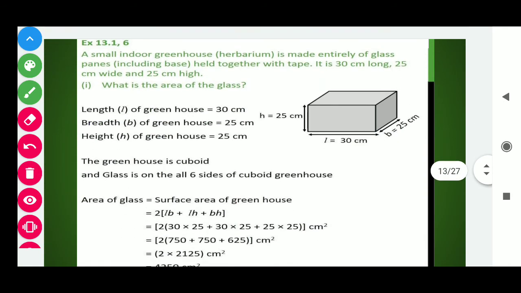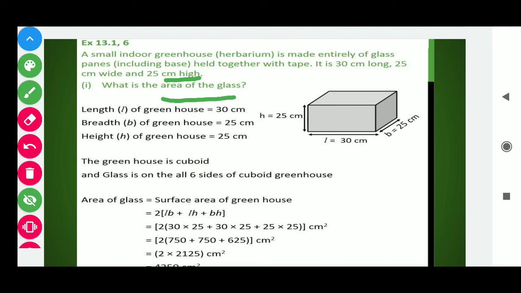Here we have the last question, question number 6. A small indoor greenhouse is made entirely of glass panes, including the base, held together with tape. It is 30 centimeter long, 25 centimeter wide, and 25 centimeter high. What is the area of the glass?